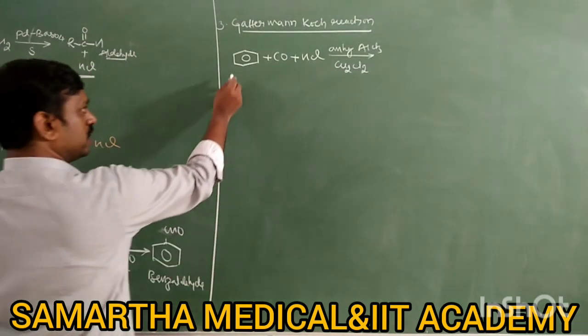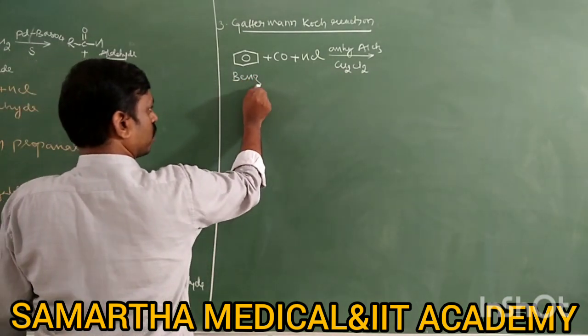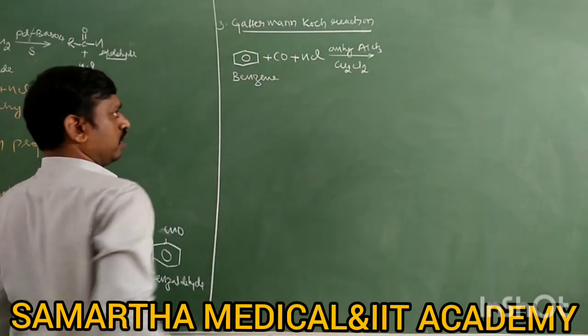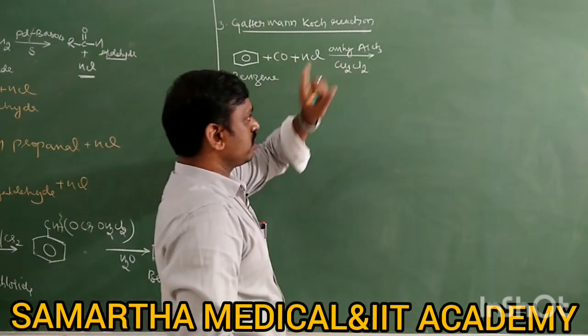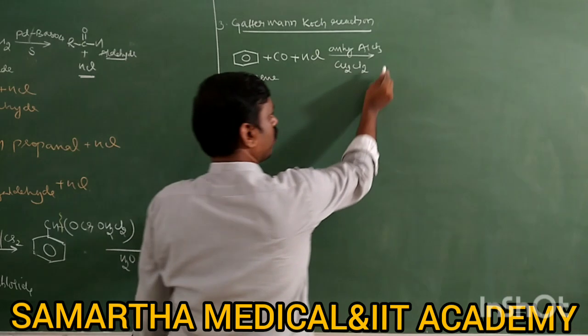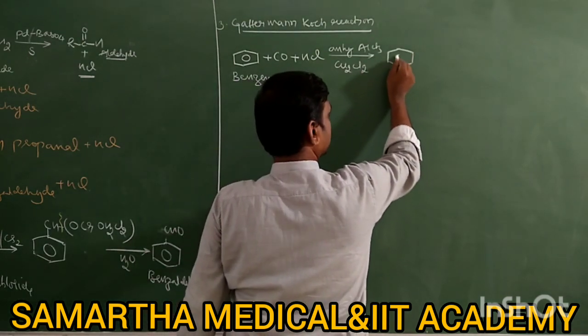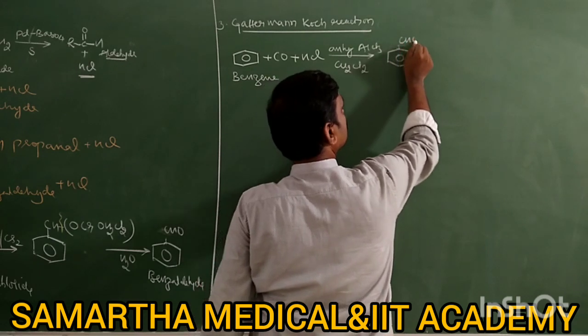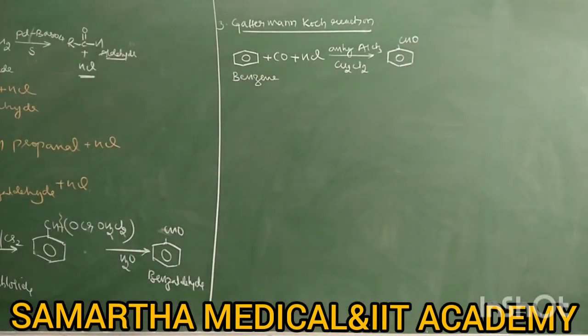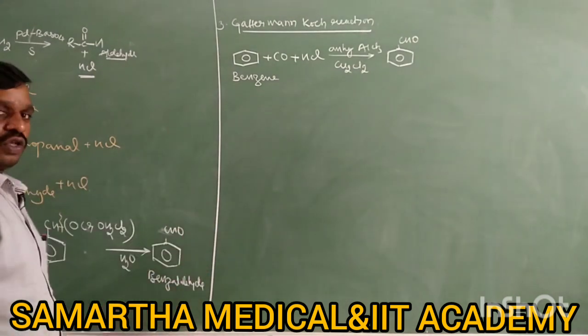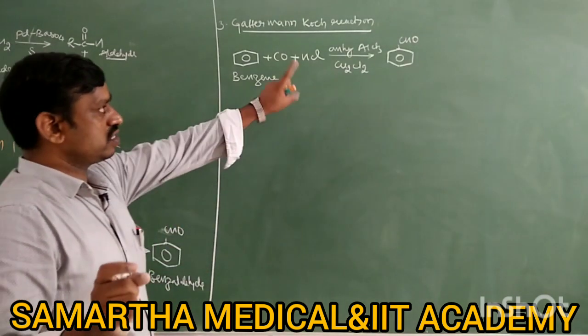So therefore, benzene treated with carbon monoxide, HCl in presence of anhydrous AlCl3 and cuprous chloride to form benzaldehyde. This reaction is called Gattermann-Koch reaction.